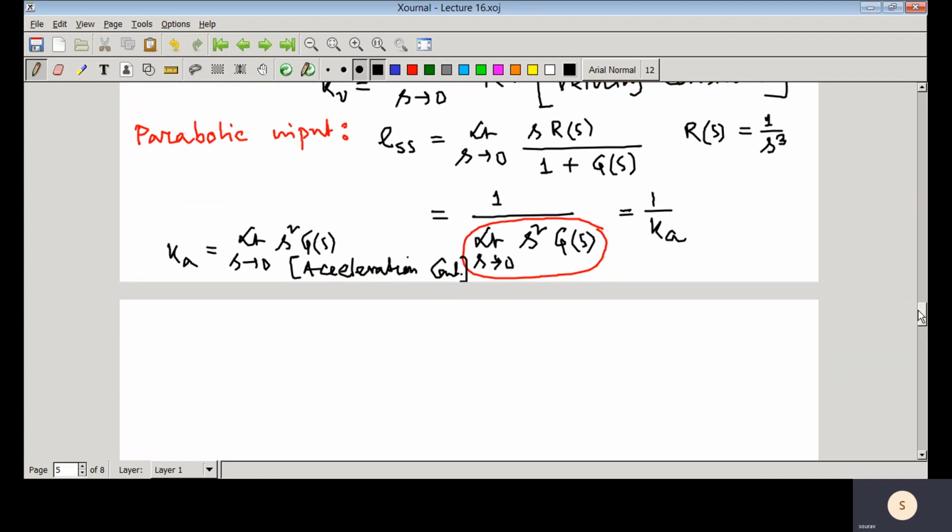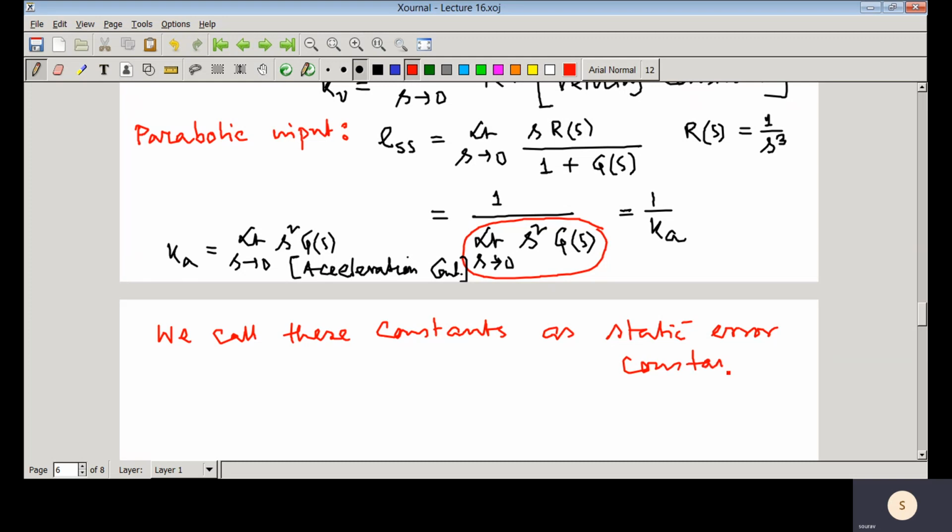So we call these three constants static error constants: the position constant, velocity constant, and acceleration constant.